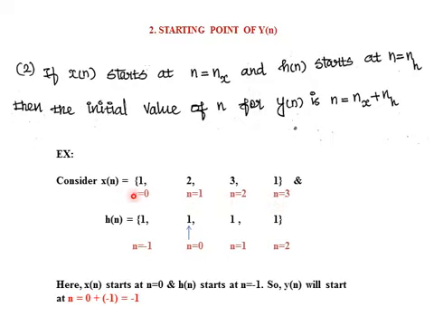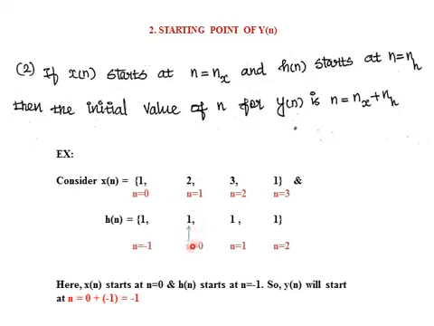So we consider that this signal starts at n is equal to 0. Coming to h of n, here again we have 4 samples and the arrowhead is represented at the bottom of the second sample. So h of n starts at n is equal to minus 1.